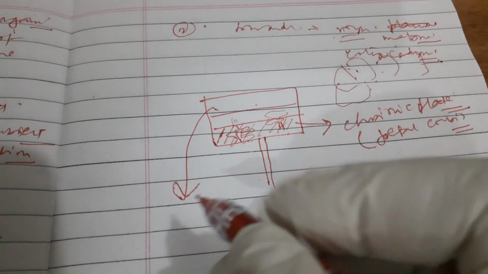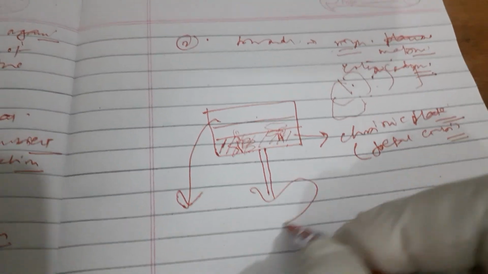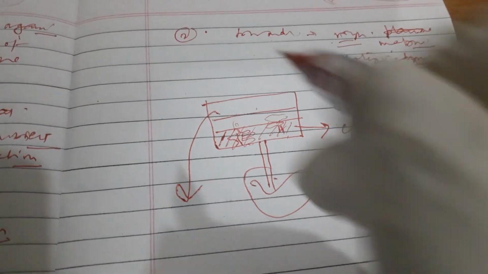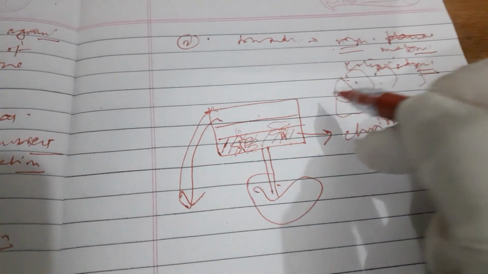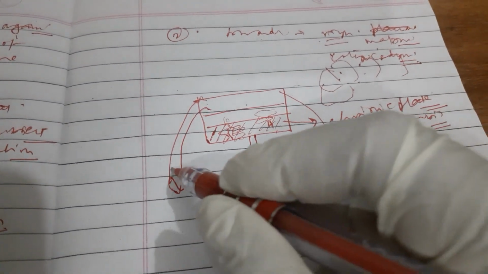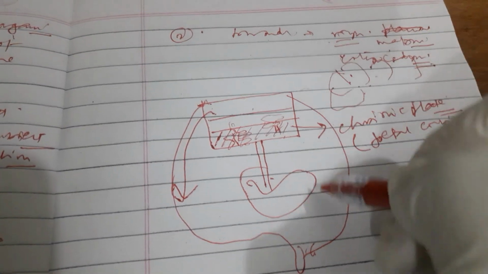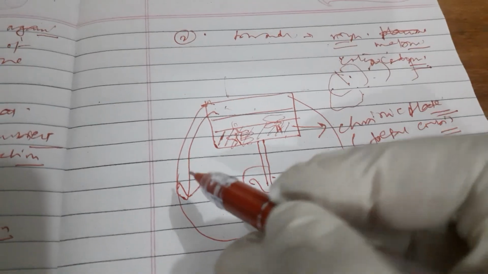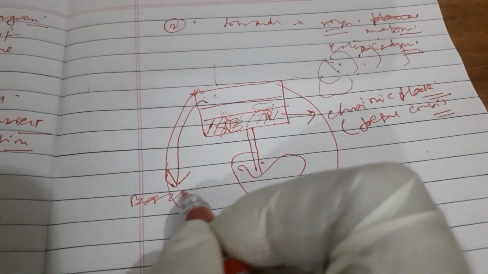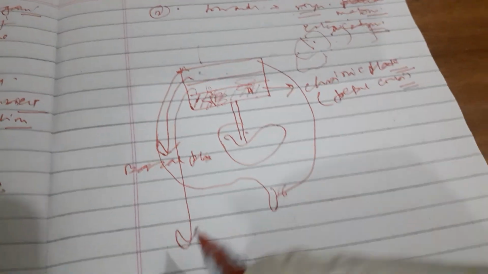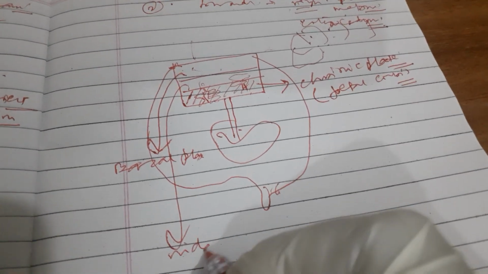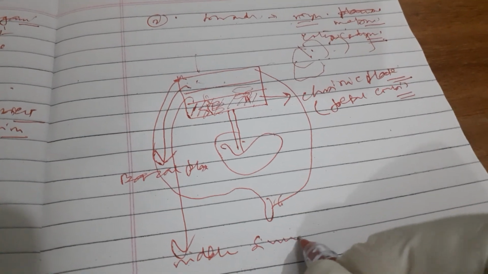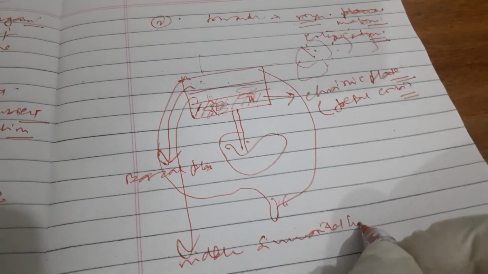and towards the maternal side, that is the uterine maternal side, this is the basal plate, and in the middle this is the middle sinusoidal layer.